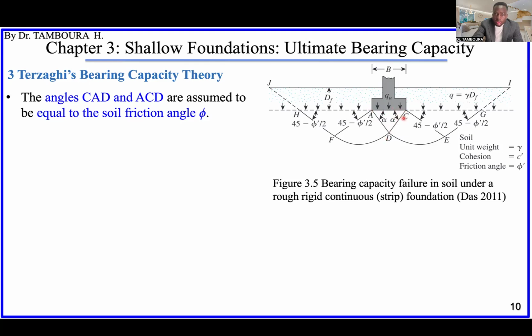These are assumed to be equal to the soil frictional angle, phi. For example, if you're dealing with sand, that is easy.